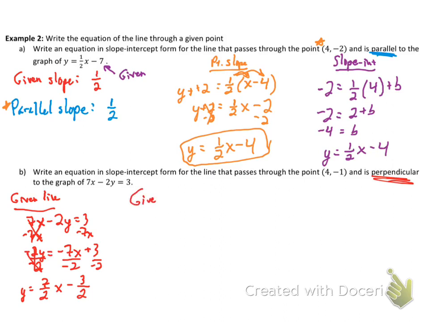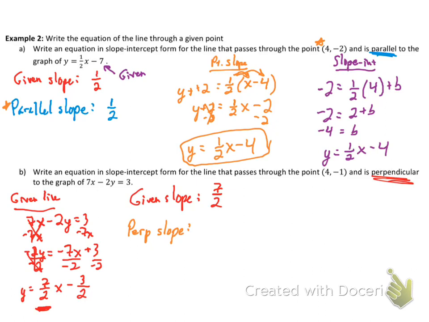It's a messy equation dealing with fractions, but that's okay because all I'm really worried about is my given slope, which was 7/2. If that's my given slope, then my perpendicular slope needs to be the opposite reciprocal.